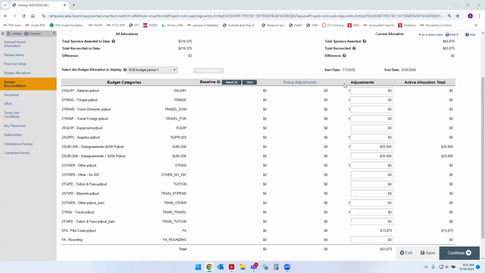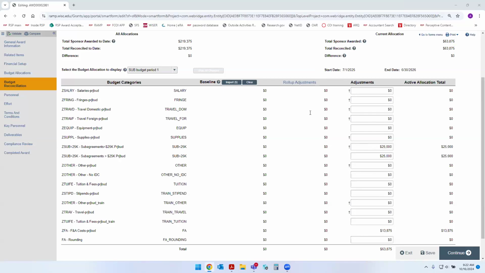What I see a lot of times is that it doesn't, especially for an NIH award, where it's common to have at least a little bit of a budget cut with the award. And so when you go to make your adjustments to reconcile the budget to match the notice of award, it's a different entry process in which you have to subtract or add to certain categories based on the imported budget, rather than just entering the actual awarded amounts.